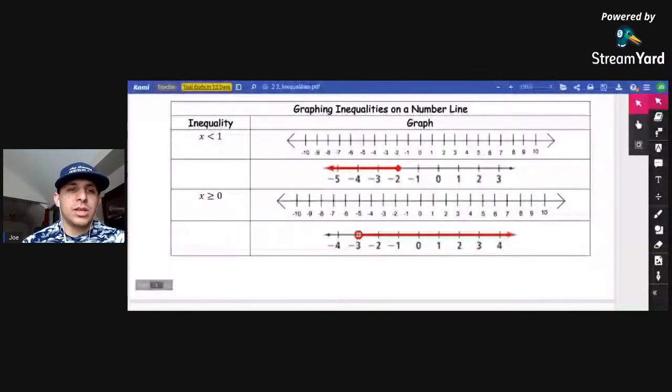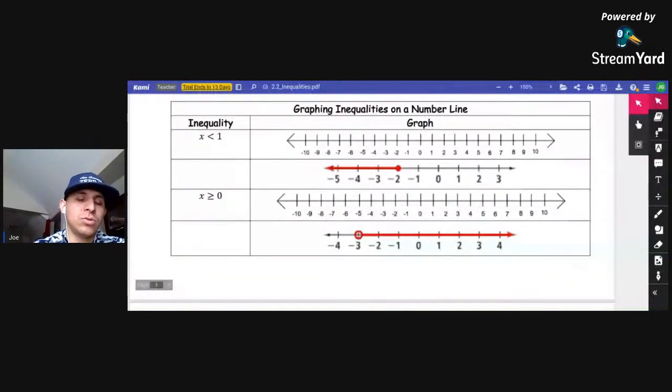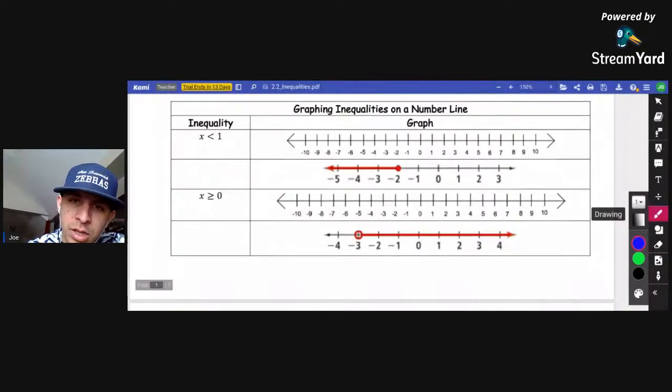So if we take a look at this first inequality, x is less than 1, when there is no little tick mark underneath the inequality symbol indicating that it is or equal to, we want to use an open circle, and we want all of the values that are less than 1.